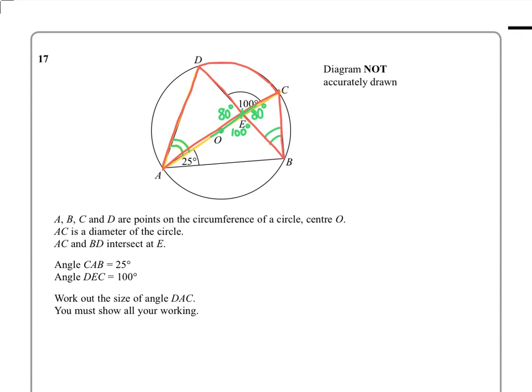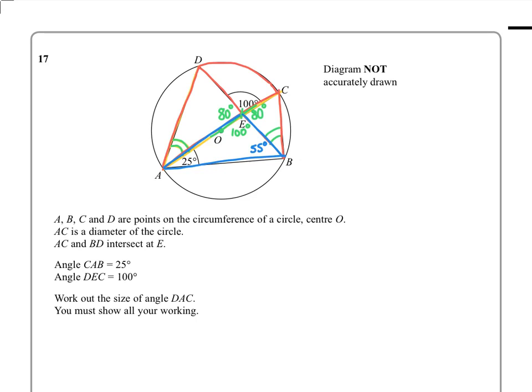One, that it's opposite this one, and also it's on a straight line where there's already an 80. So we know those two, and then we also know that angles in a triangle, so this triangle here, add up to 180, so we've got another 55 degrees here.